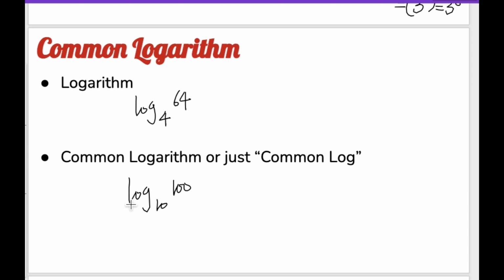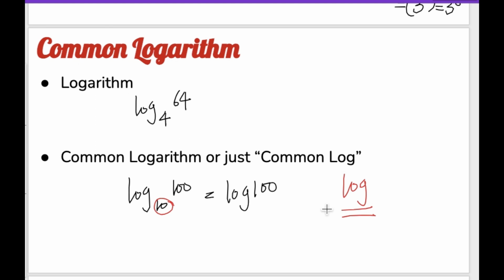So instead of writing log base 10 of 100, we are not going to write 10 anymore. We just write log 100. So as you can see, 10 disappeared. So in the future, whenever you see log, automatically the base is 10. That's why we just keep the 10 invisible. That's what we call common log.